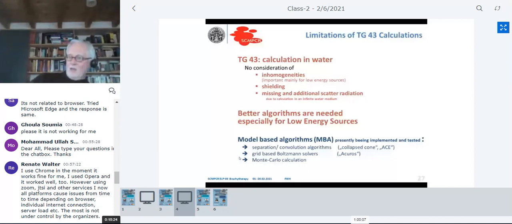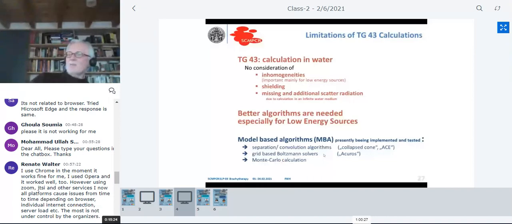The algorithms that are used right now are superposition convolution algorithms, like the collapsed cone, called ACE by the manufacturer, or the grid-based Boltzmann solvers called Acuros by Varian. And there are also some systems which work with Monte Carlo calculations.